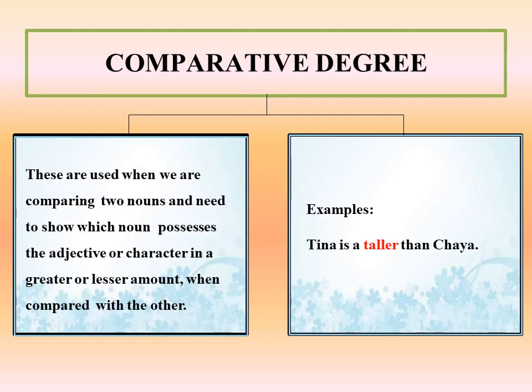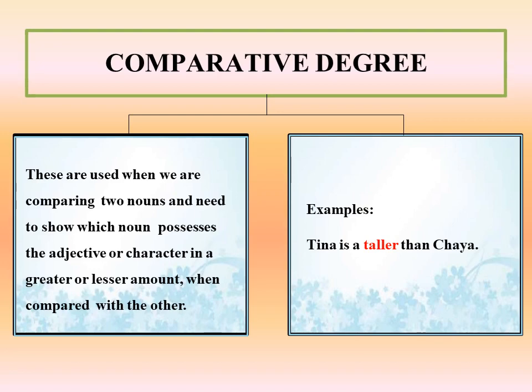The next degree is the comparative degree. So comparative means what? The meaning is comparison, comparing between others. The comparative degree is used when we are comparing two nouns.